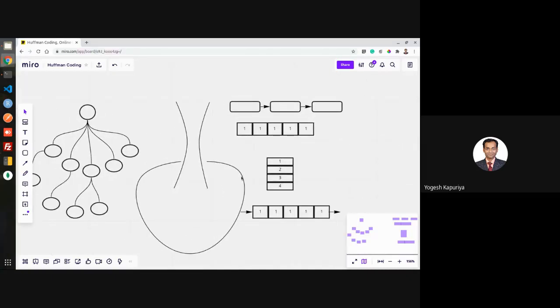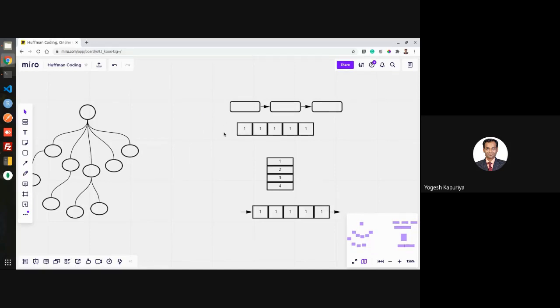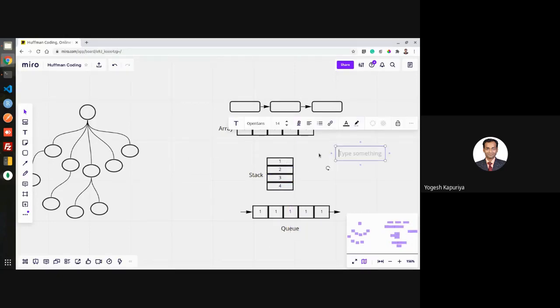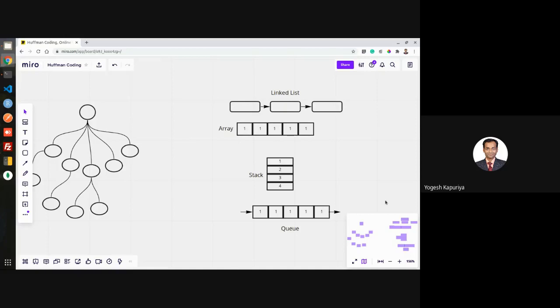So whether it's an array, or a stack, or a queue, or a linked list, in any of these data structures, your access mechanism, meaning how you can look inside, how you can search for an element, how you can insert the element, it's always going to be linear. Linear means that it always goes in line.